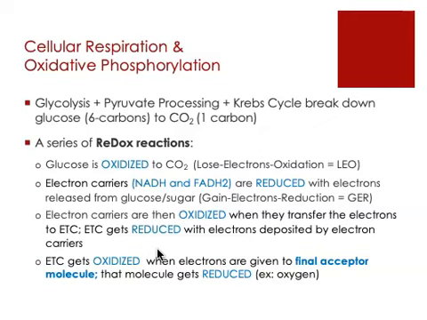So the electron transport chain will be oxidized for the final process as the final electron acceptor molecule gets reduced. So from the beginning of cellular respiration to the end, we're going to see oxidation, reduction, oxidation, reduction, oxidation, reduction. It all begins when the first bond in glucose gets broken, and it ends when the final electron acceptor molecule gets reduced.